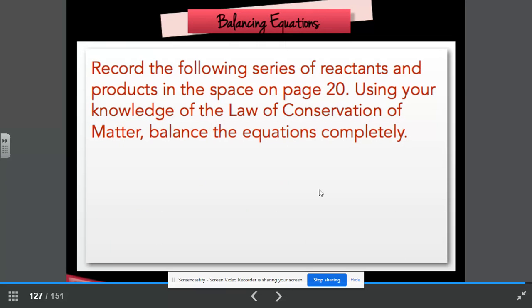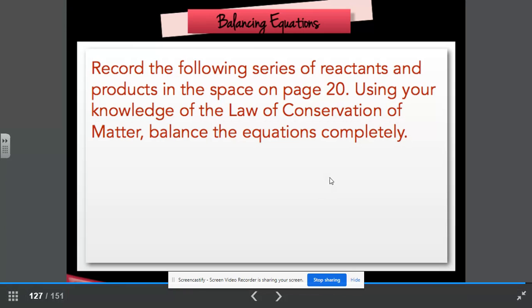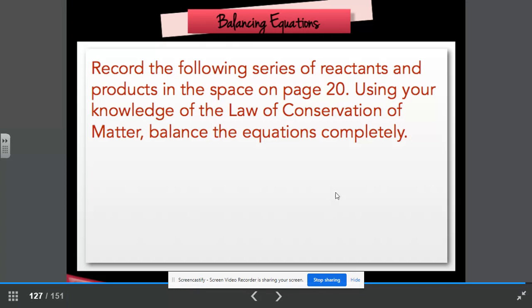Okay. We will be doing this on page 20, again, together in class. We'll talk about reactants and products. And then we're going to use our knowledge of the law of conservation of matter or mass to balance the equations completely.